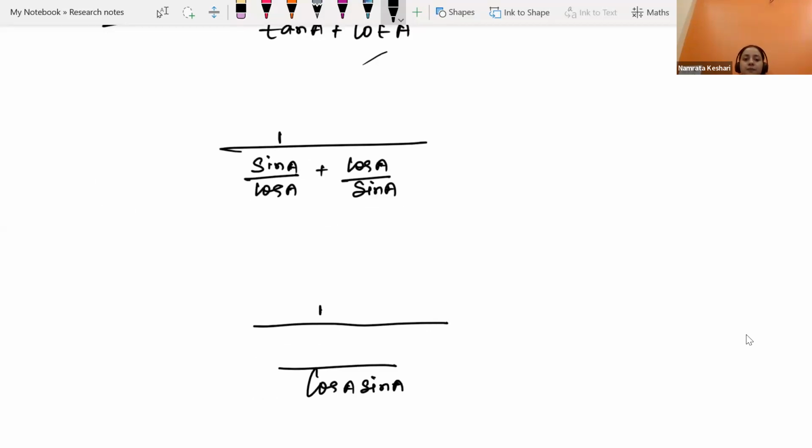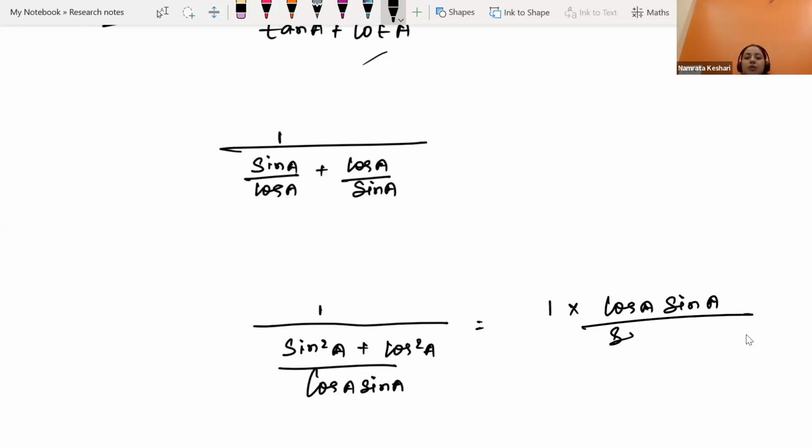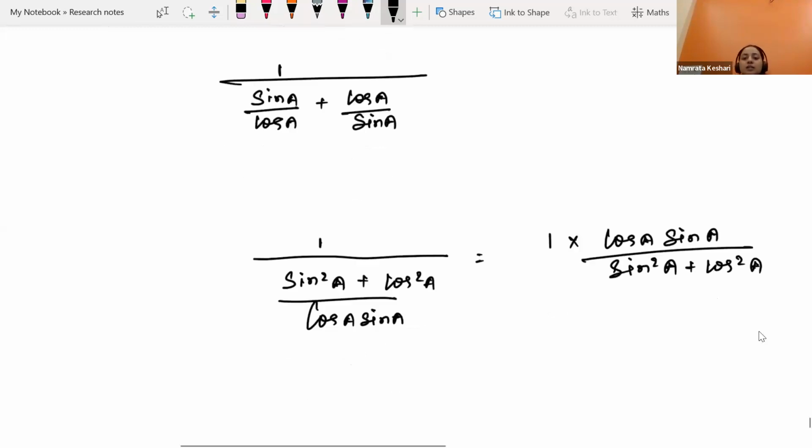What will be there in the numerator? Sine square A plus cos square A, which is nothing but 1. So writing the reciprocal, we get cos A sine A over sine square A plus cos square A, and that denominator is 1.